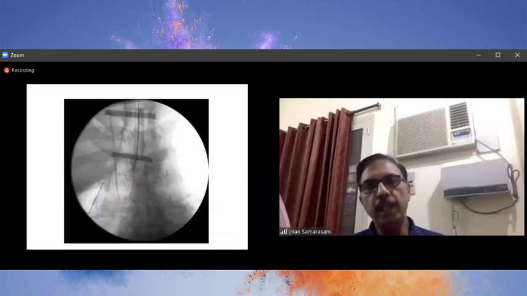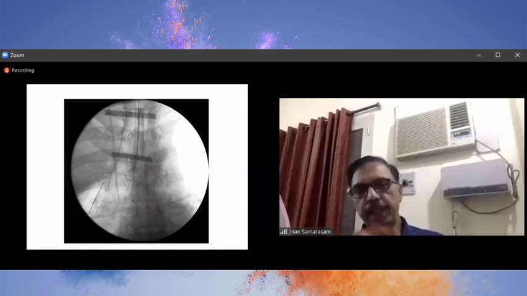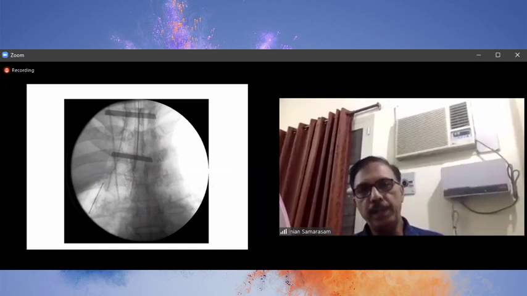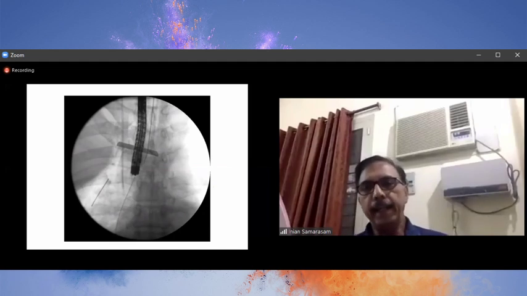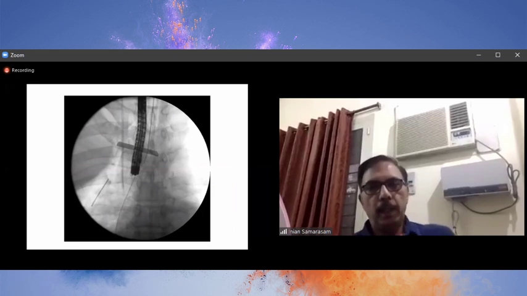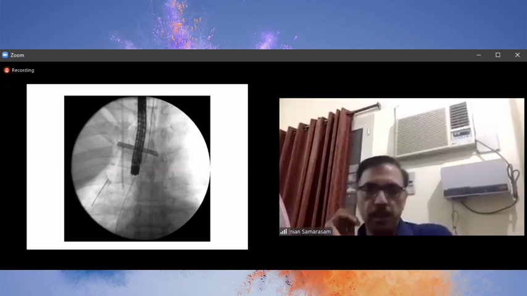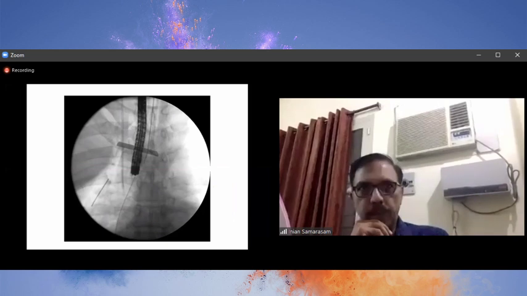So basically, we put a stent into the esophagus, and this was a removable stent, and then turned them and did the thoracoscopic washout. So the moral of the story is basically a neck anastomosis can sometimes present as a chest leak. So be careful.